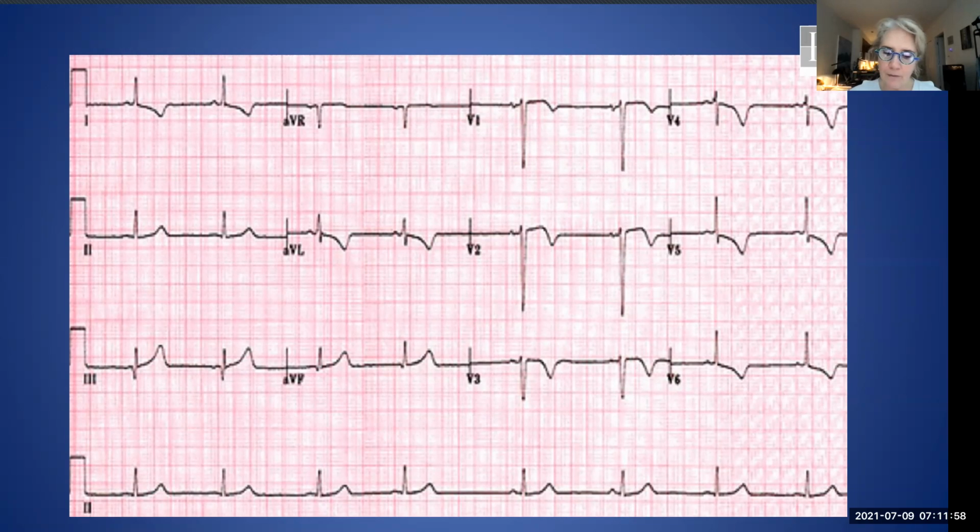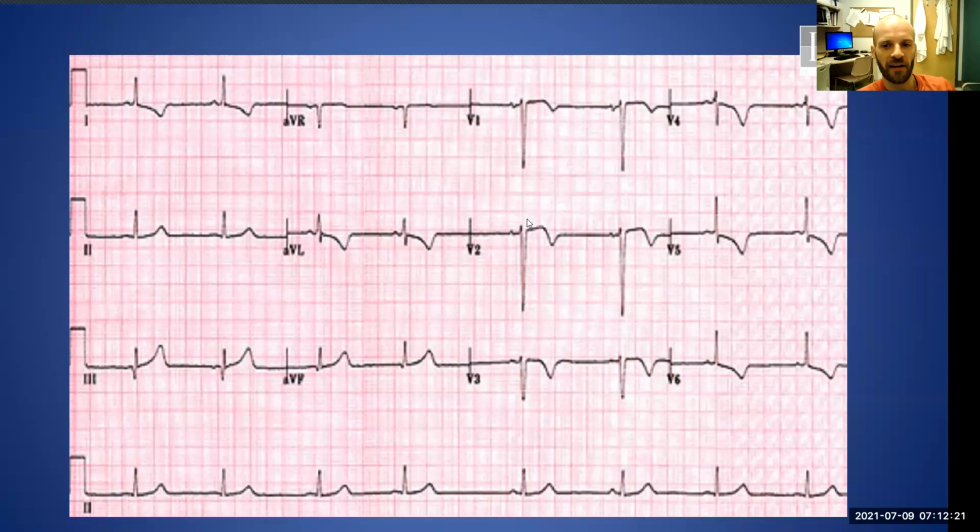I had down that it's the beginning of an MI because lead 1, AVL, V4, 5, and 6 have inverted T waves. They do. That's right. Very good. V1, V2, V3 have Q waves. Do they have Q waves? No, they don't, because remember a Q wave is if the first deflection is negative.